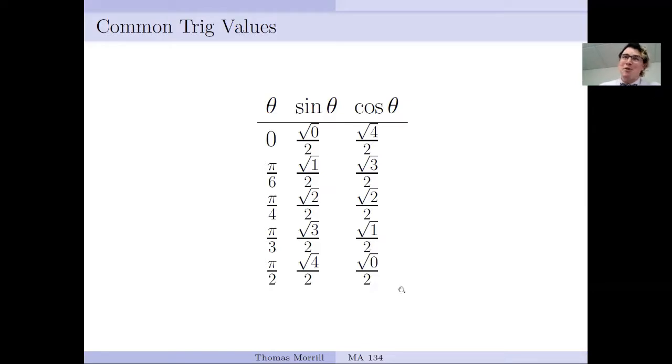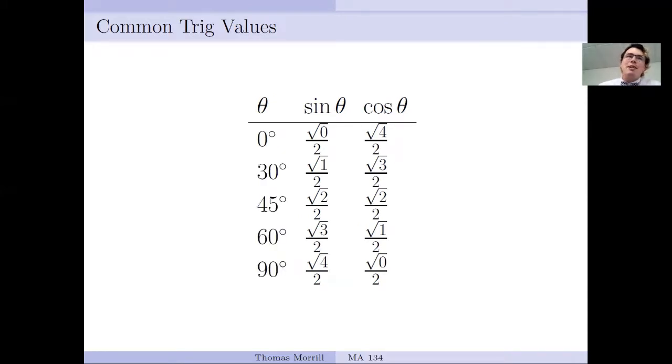All I'm doing is just counting whole numbers. Very simple. I need to remember that these whole numbers go underneath the square roots and that I need to divide by 2. But I find that to be a very handy way of keeping track of these special values.